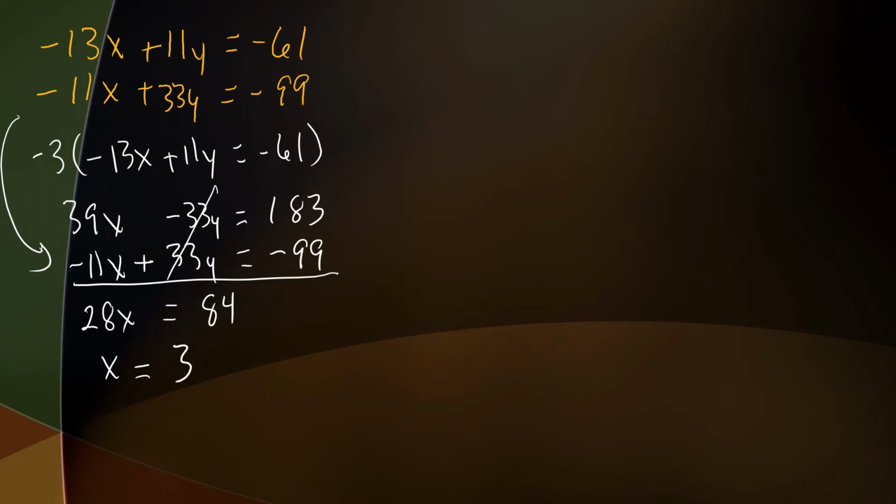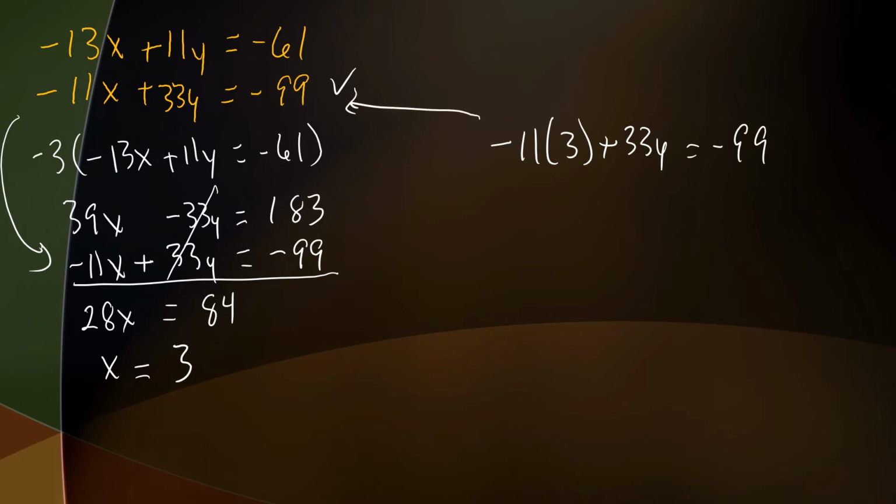Now, I'm going to substitute x into this equation right here. And I want to choose it because I didn't do anything to that equation once I got to this point. So let's plug in x for here and see if we can't find a value for y. So I've got negative 11 times 3 plus 33y equals negative 99. Remember, I'm using that equation right there.